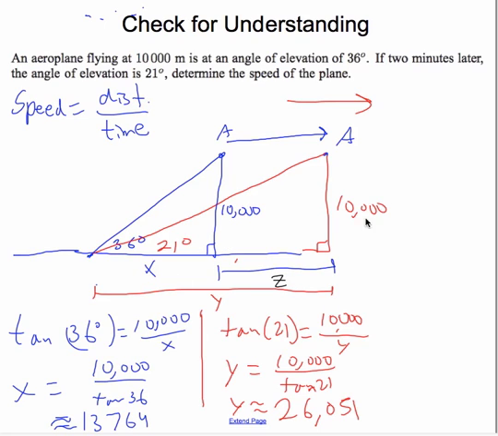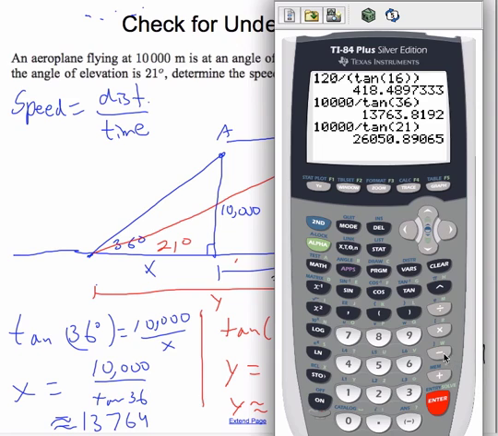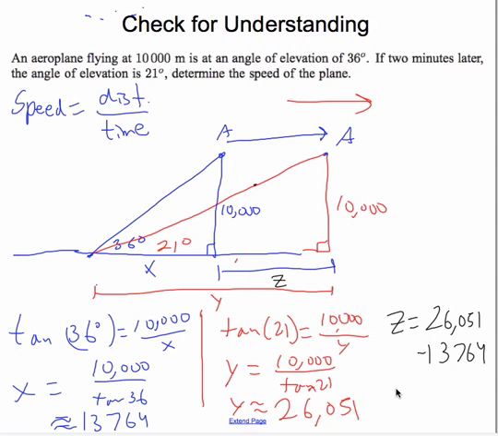So we're just going to say z equals 26,051 minus 13,764. I'm going to subtract 13,764. Gives me 12,287.